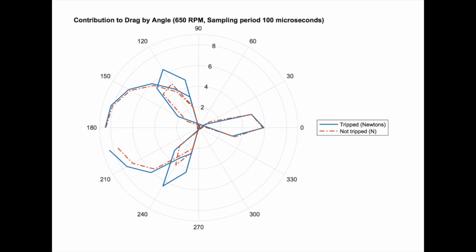Although the pressure drag at the front and back of the cylinder matched closely for the tripped and untripped trials at higher RPMs, the negative drag components at the top and bottom of the front half of the cylinder were much larger for the tripped trials than the untripped trials. This suggests that tripping the flow to become turbulent resulted in more fast-moving air near the top and bottom of the front half of the cylinder.